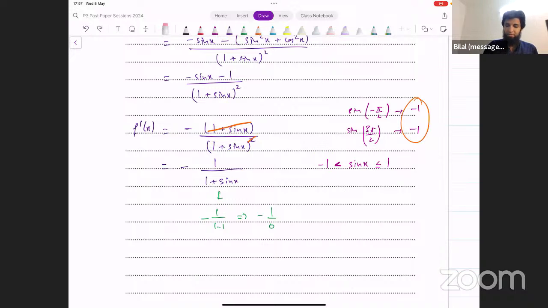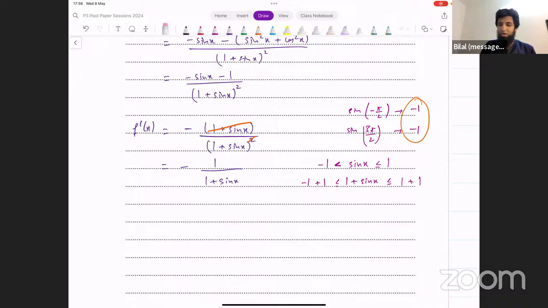Now, that said, if sine x is between -1 and 1, what about 1 plus sine x? What is that interval going to be? Let's add 1 to the whole inequality here. -1 plus 1, 1 plus sine x, and also 1 plus 1 here.